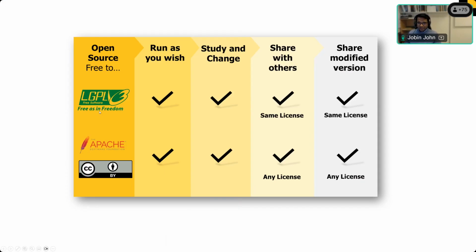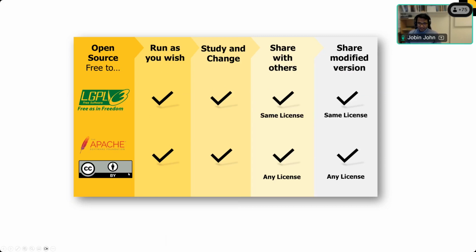And VIVA Plus, we have released under the LGPL license, which means when you share it with others or you share a modified version, you have to share it under the same license. But to run or look at the model, there's no encryption or anything. You're free to do it.